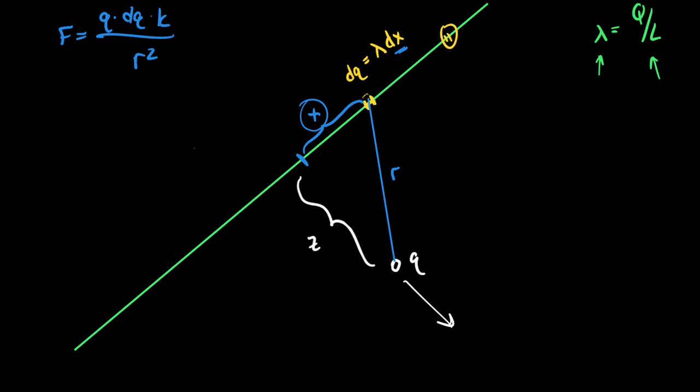Sure, it'd just be a bigger X, wouldn't it? And I could use an X to determine this piece of charge. It would just be in a negative direction, right? If this is the middle and it's 0, then half the bar lies on one side and the other half lies on the other side. And it's pretty clear to me that X is going to be a number between L over 2 and negative L over 2. Right, that would get me from one end of the bar to the other.